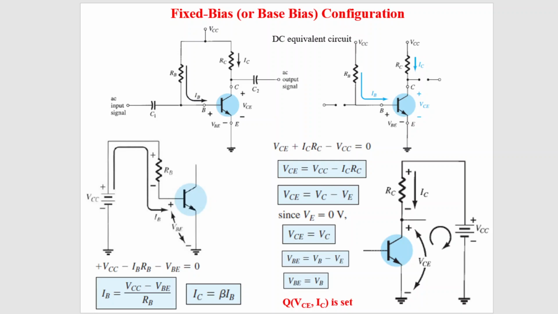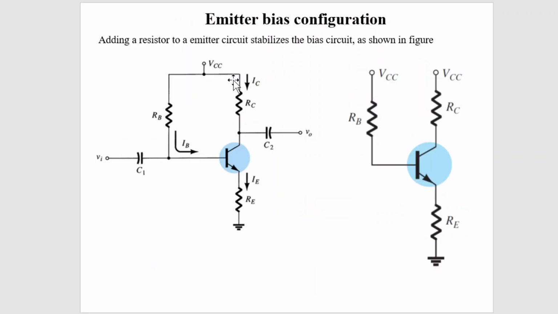Then I introduced another technique because the stability of the fixed bias transistor was not good. Apart from stability, the sensitivity to change in beta was also poor in fixed bias configuration. So I introduced emitter bias. The emitter bias configuration just adds another resistance at the emitter terminal in the fixed bias configuration.